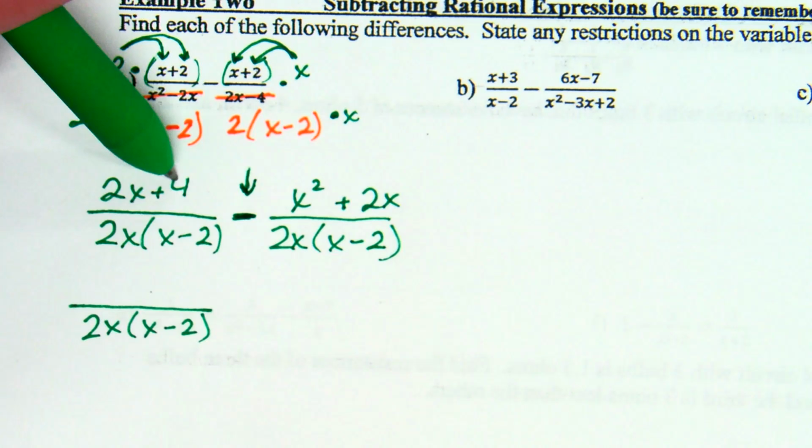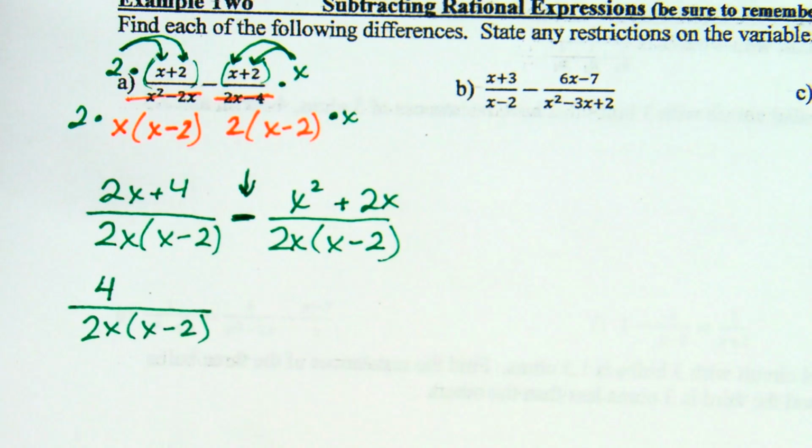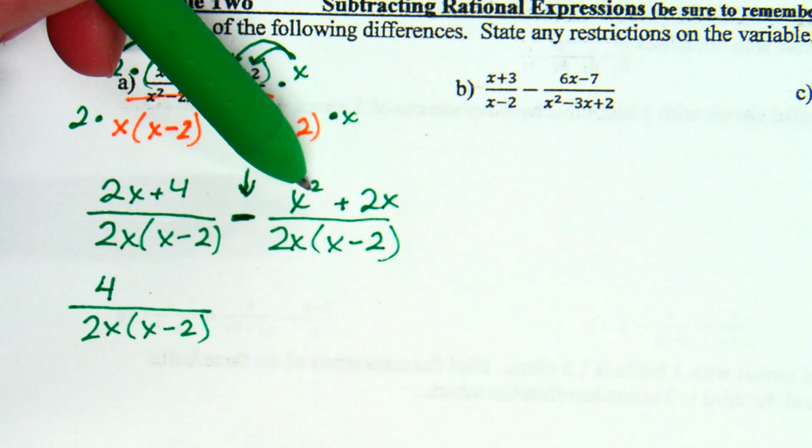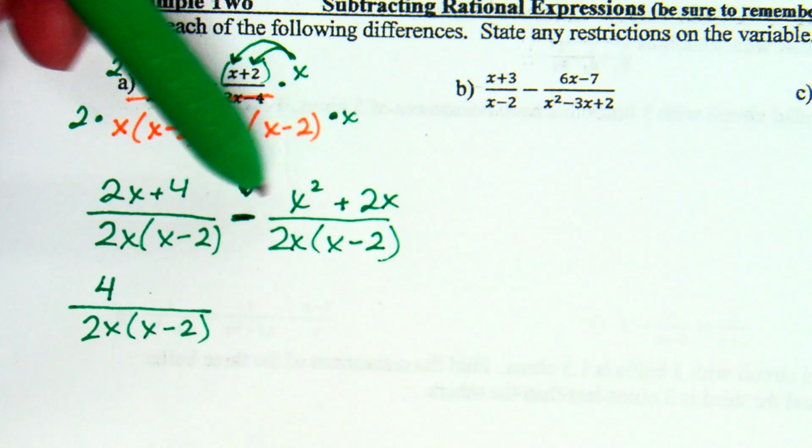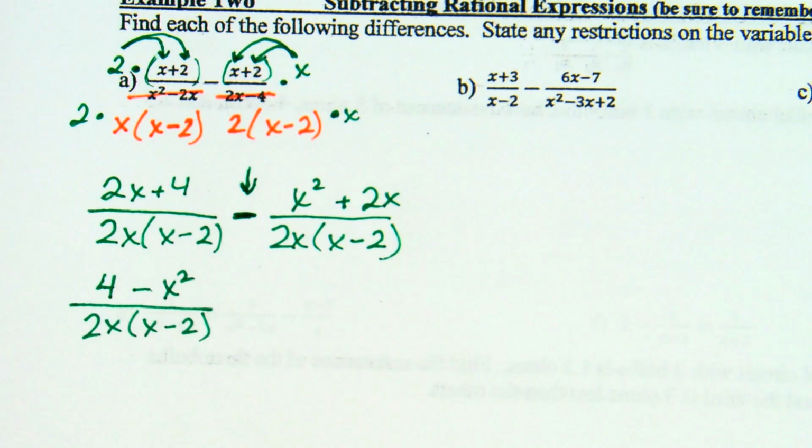Just carries down as is. There's no other whole numbers, so I'm just going to put it as a 4. What about x squared? It just stays, but what does it stay as? Minus x squared or negative x squared, because that x squared is in the second fraction. It's being subtracted, right? In this case, it's being subtracted from no other x squareds. So it's like nothing minus x squared is negative x squared. Yes?